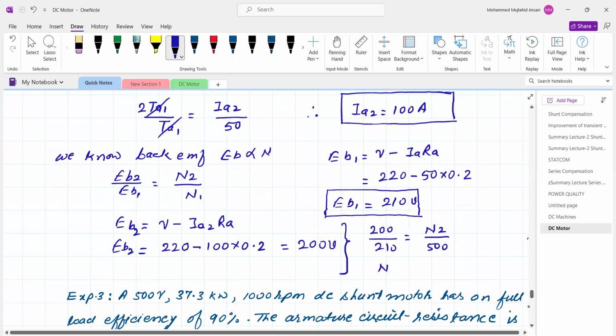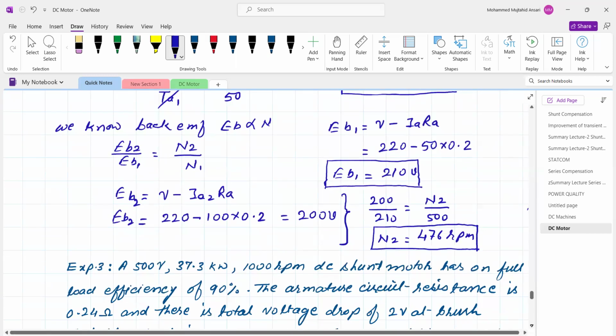So you will get N2 equal to 476 RPM. This means the speed decreases with increase in torque. When the torque is double for the DC shunt motor, a change in speed occurs. So this is one example.